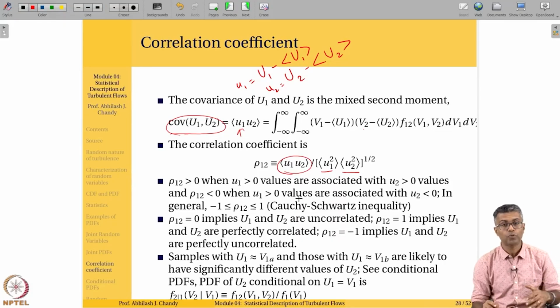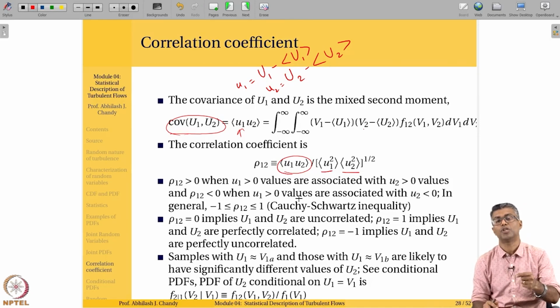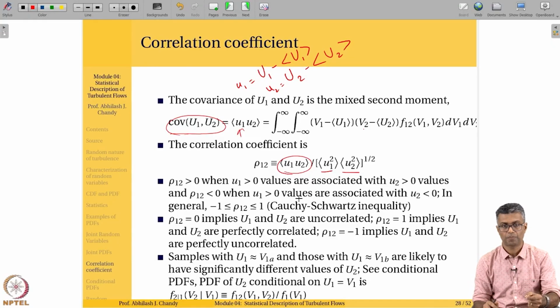Now, this rho 12 physically means something. If it is greater than 0, that means they are positively correlated. What does that mean? u1 greater than 0 values are associated with u2 greater than 0 values. If rho 12 is less than 0, then they are negatively correlated. What does that mean?